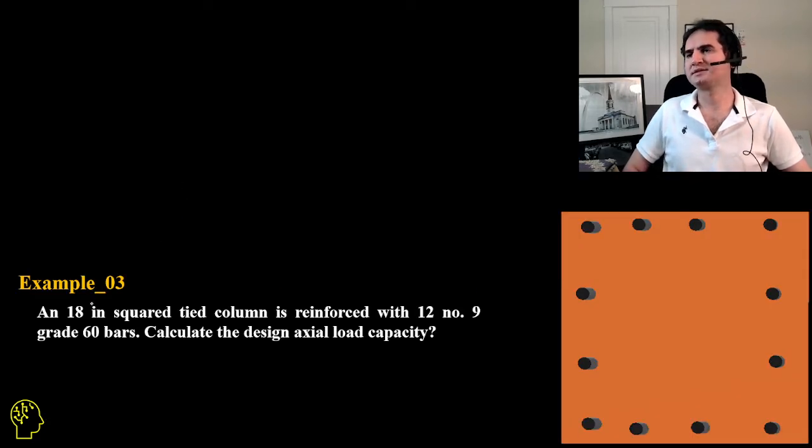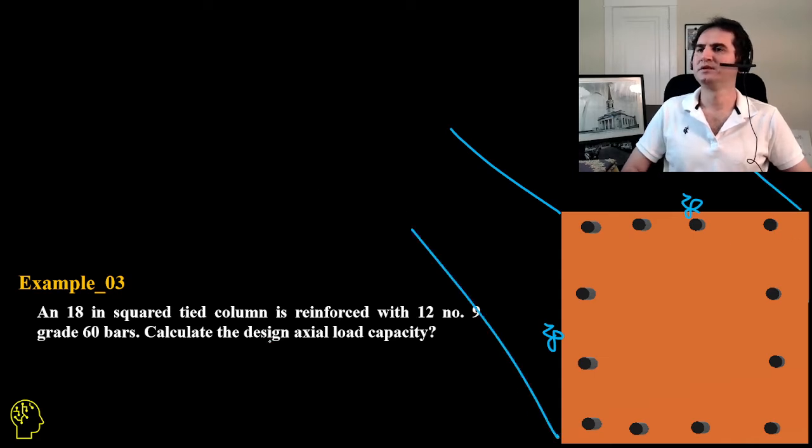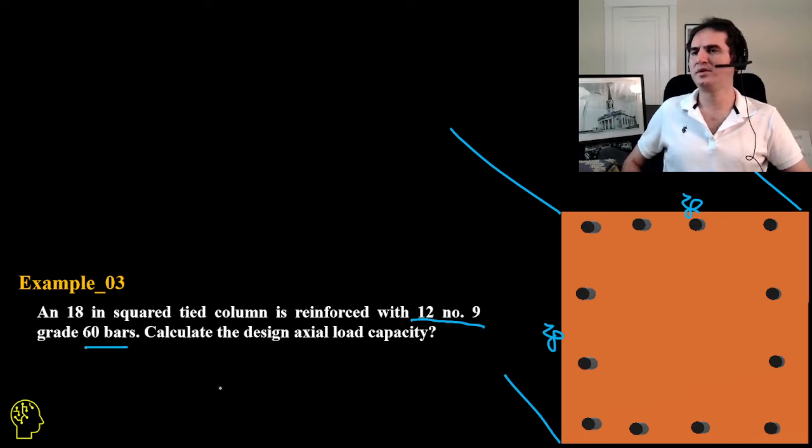So again, in example 3, we have an 80-inch square tied column. So this is our column, with 12 number 9 grade 60 rebars.